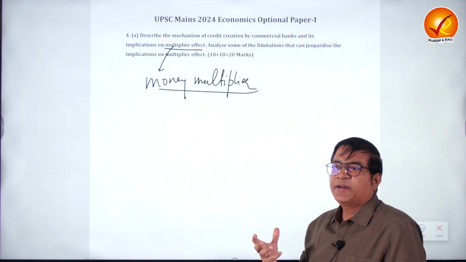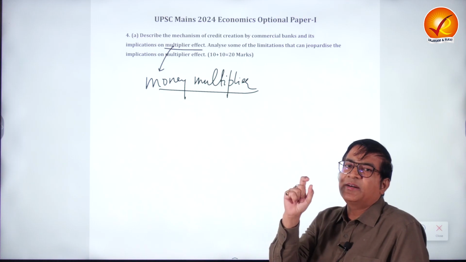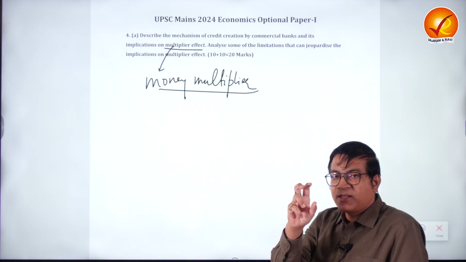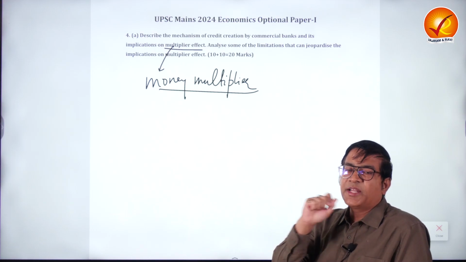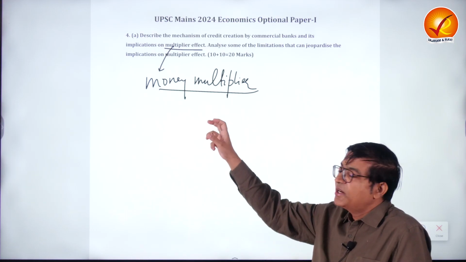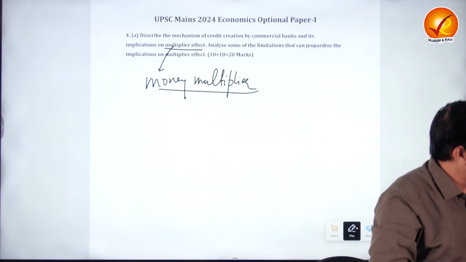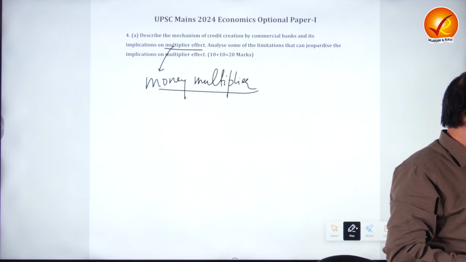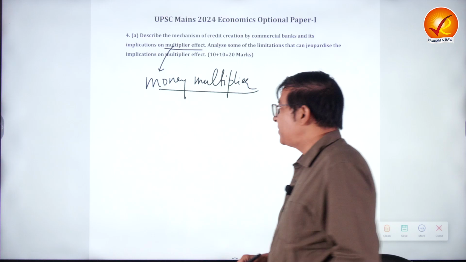But generally, in optional subject, we take not the numerical values but the concepts. Like we'll take small c as CDR, small r as RDR, and then that is how we show the money multiplier. Money multiplier comes out to be approximately equal to 1 plus c upon c plus r.